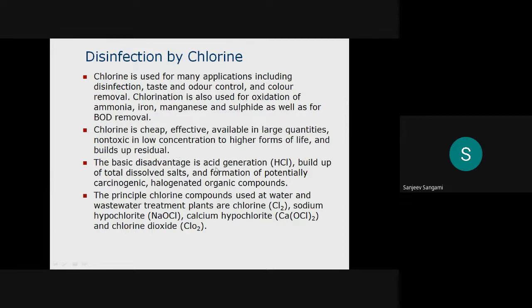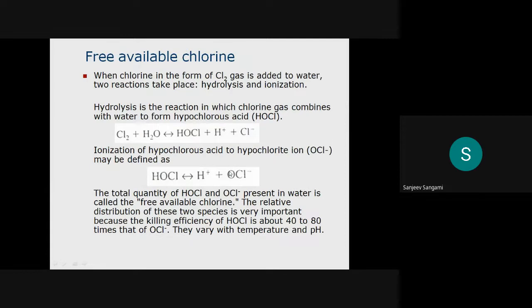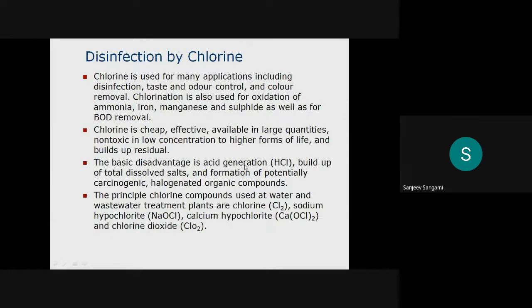The basic disadvantage is acid generation, that is HCl. We'll discuss how exactly it generates HCl during the reaction. Another is buildup of total dissolved salts: when you add more chlorine, it generates more dissolved solids, and there is formation of potentially carcinogenic halogenated organic compounds.